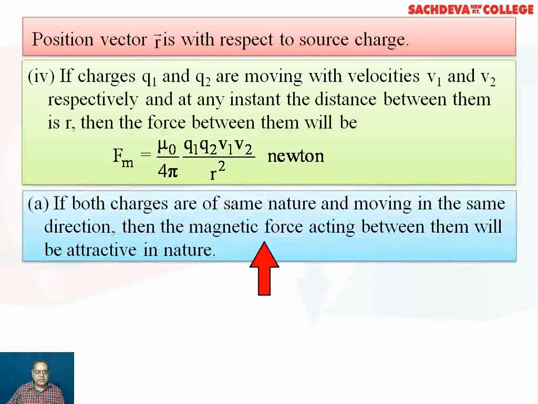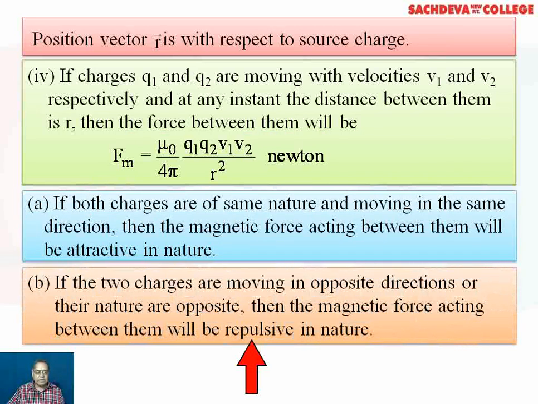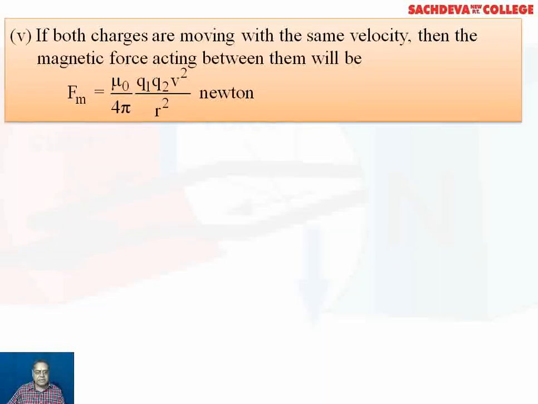If both charges are of the same nature and moving in the same direction, the magnetic force acting between them will be attractive in nature. If the two charges are moving in opposite directions or their natures are opposite, then the magnetic force acting between them will be repulsive in nature.